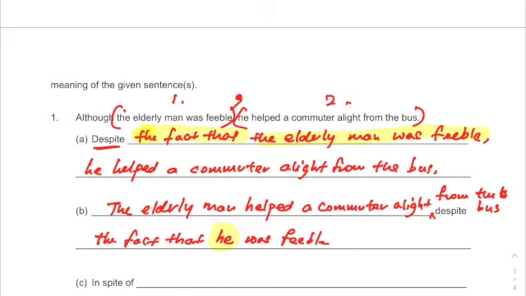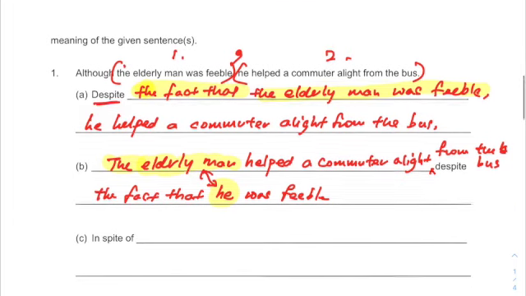If it is at the back of the sentence, the pronoun should replace it. So in this case, you'll notice that the elderly man has switched places with the pronoun he, because I should always put my subject in the front of the sentence to make it clear who I'm talking about, so it's very clear, right? So it's the same thing for in spite of.